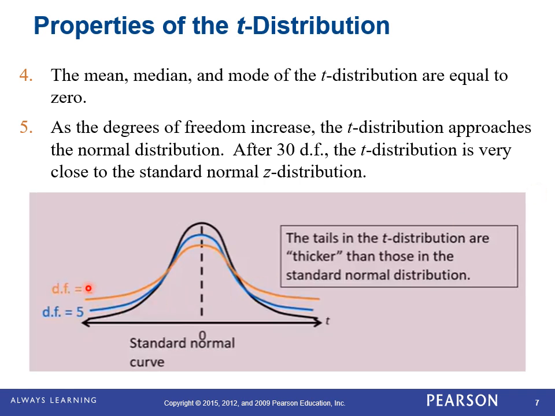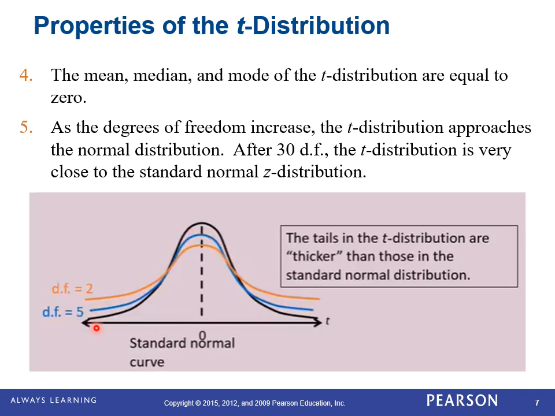So you can see here, the orange is when you have degrees of freedom of 2. And so notice how there's a big gap here and it doesn't quite reach the height. If we increase that to 5, it gets a little closer.